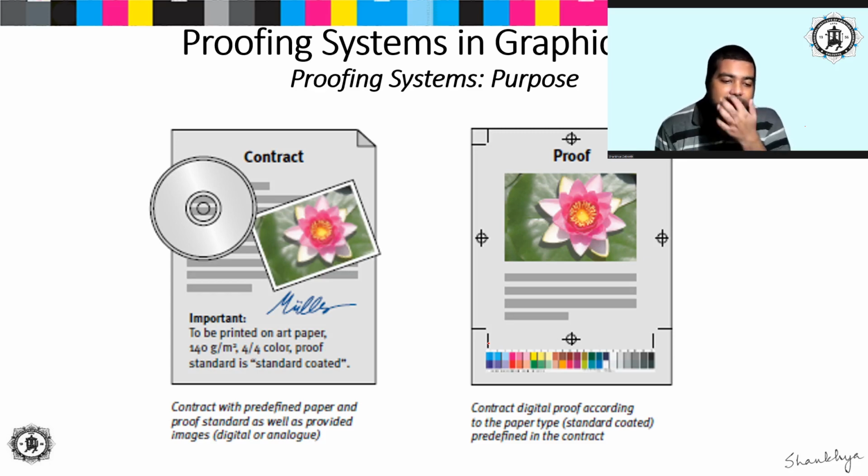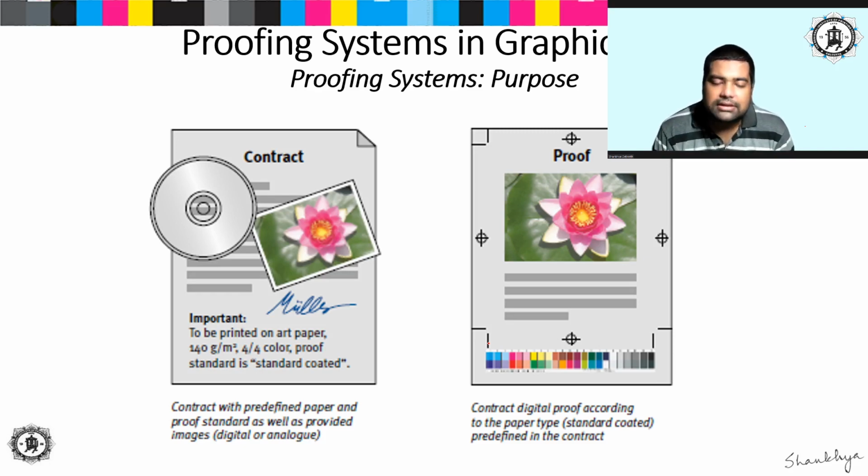So, for example, consider this example that you are a packaging printer and your client has given you to print maybe say 1 lakh copies of a certain carton, right? Now, after receiving and after doing all the pre-press work, will you immediately start to print?